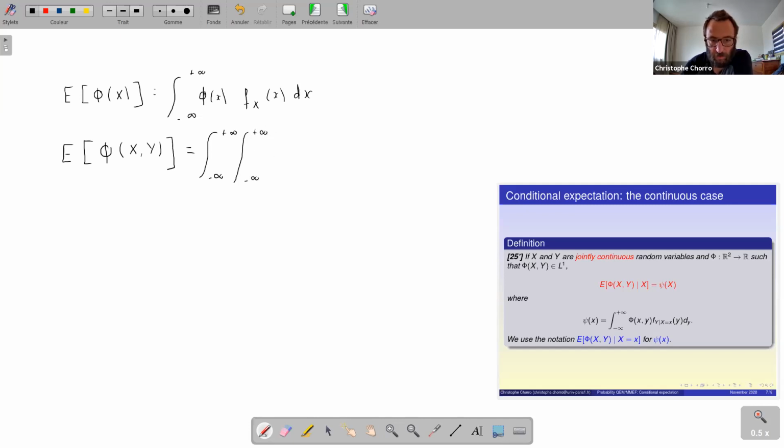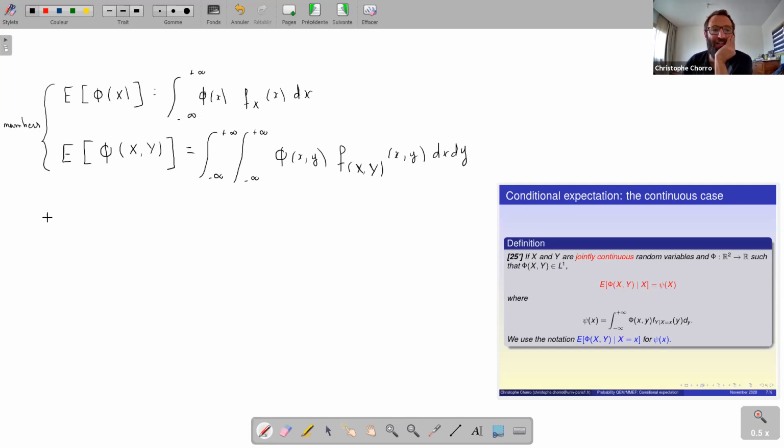That is the double integral of the mapping f of x, y with respect to the joint density function. And again, I keep in mind that here I obtain numbers. Expectations are numbers.